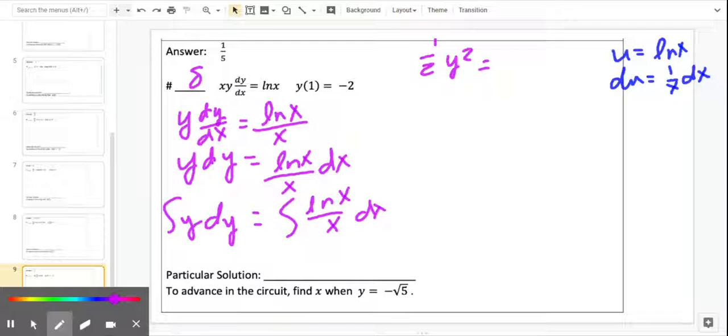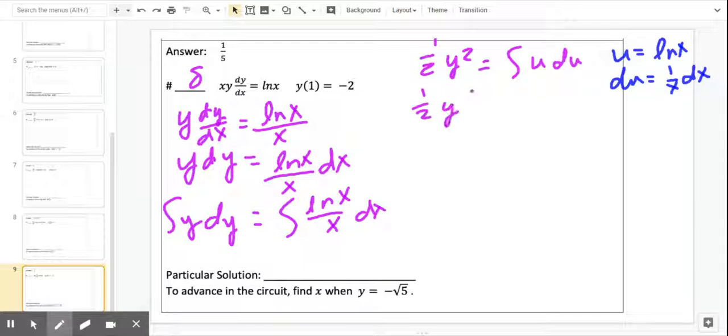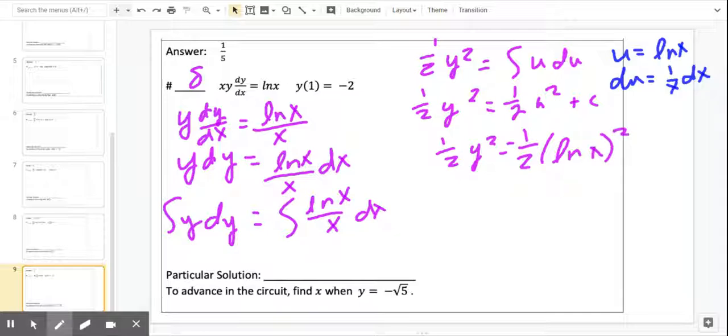So now we haven't integrated yet, so we've got u du once we do the substitution. So 1/2 y squared equals, integrate this, it's 1/2 u squared plus c, substitute u back in, 1/2 natural log of x squared plus c. All right, so now to get y alone, we need to multiply by 2 on both sides.